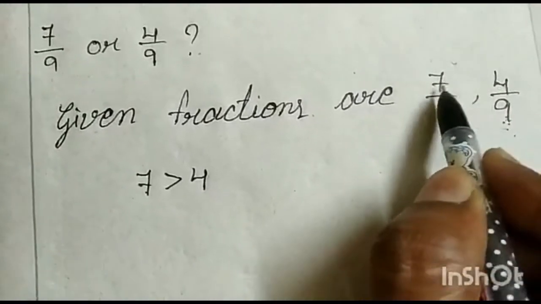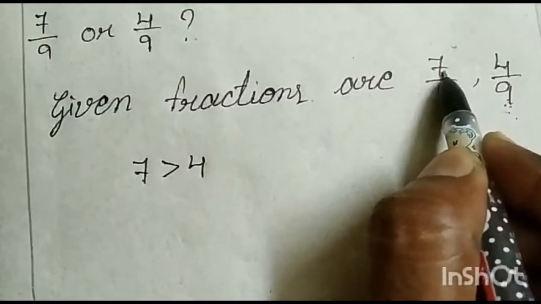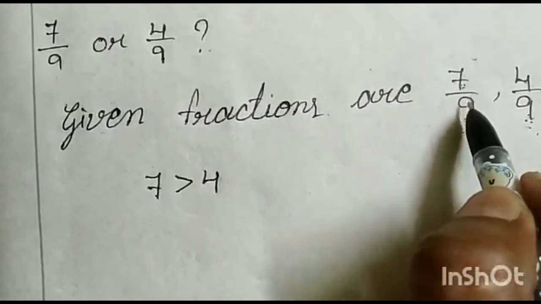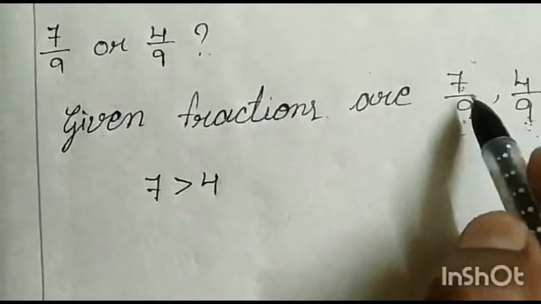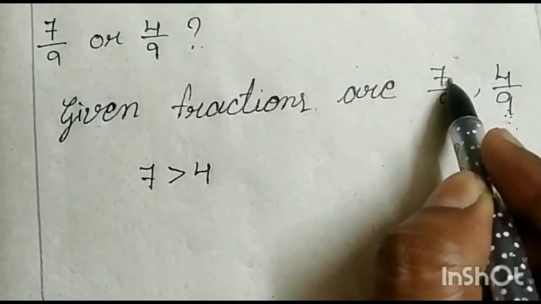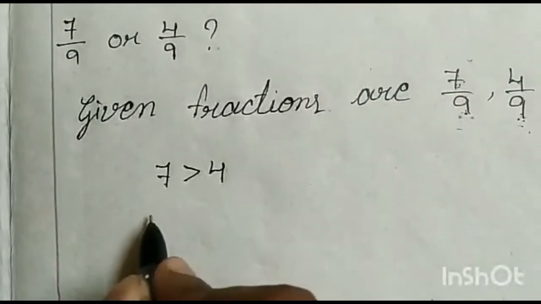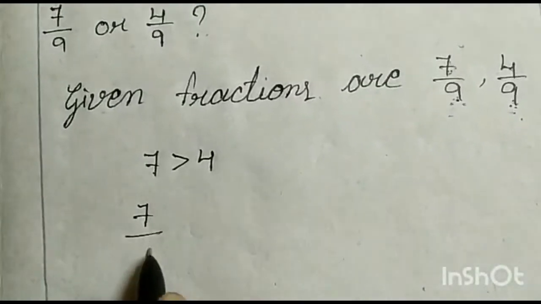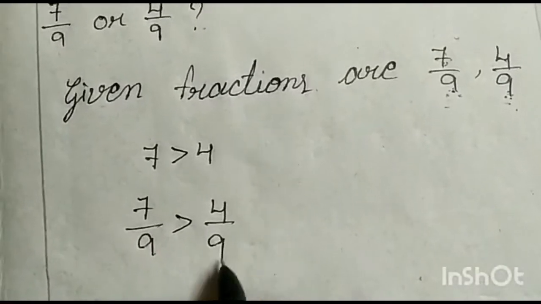Here which is the greater numerator? 7 or 4? 7 is the greater numerator. Denominators are the same, so which is the greater one? 7 by 9 is greater than 4 by 9.